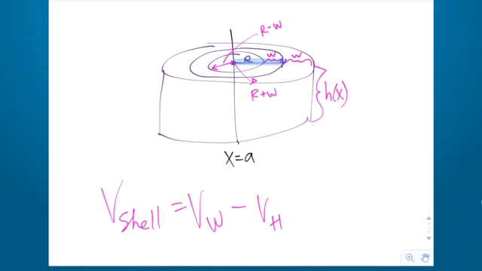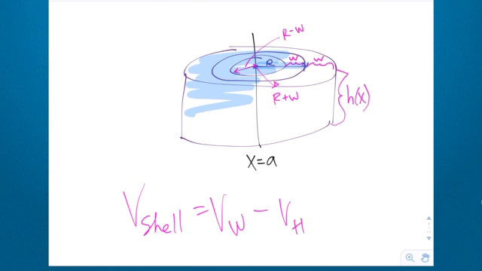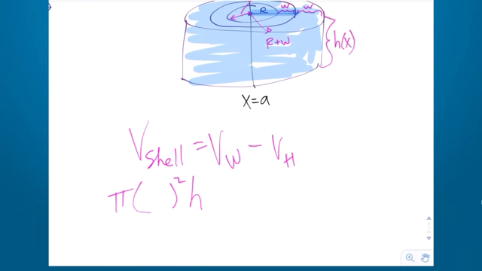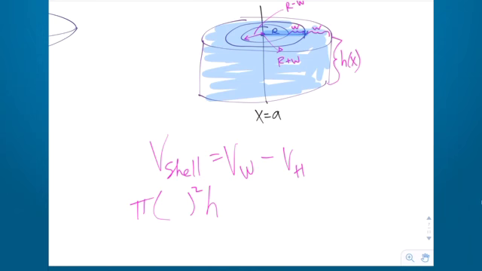So the whole thing is just the volume of a cylinder. What's the volume of a cylinder? Pi R squared H. Well, what's our radius for the big one? R plus W.